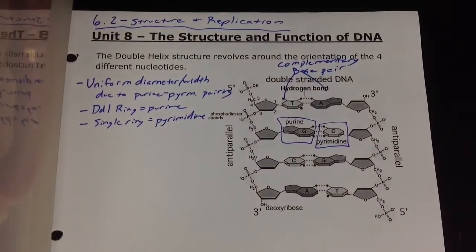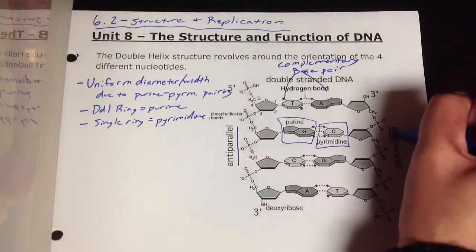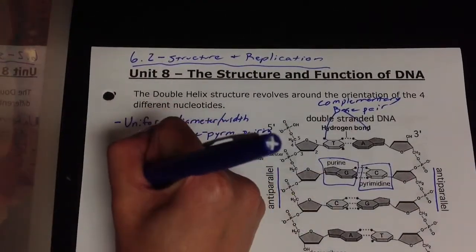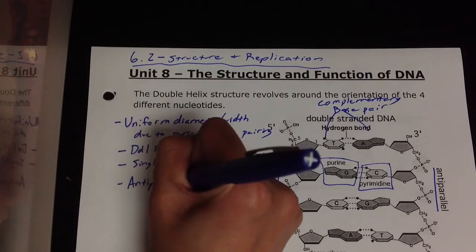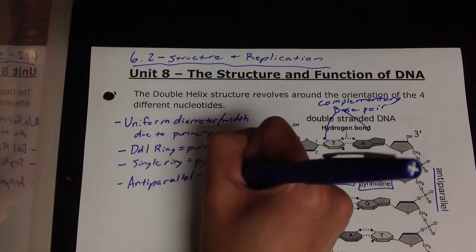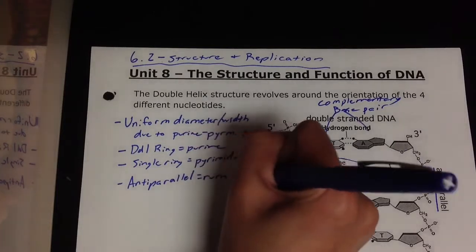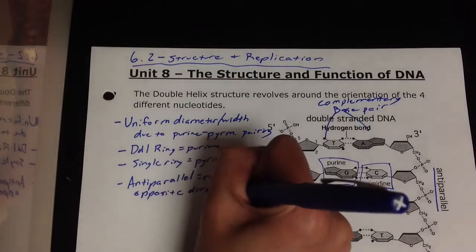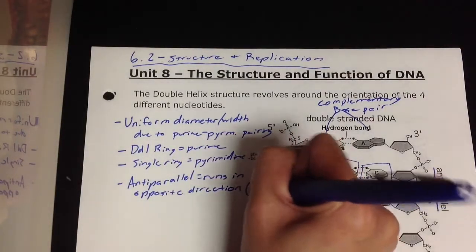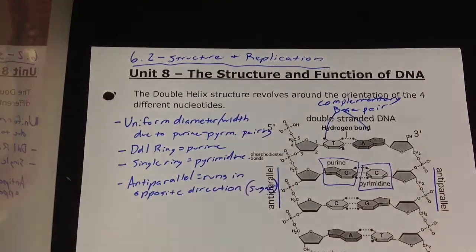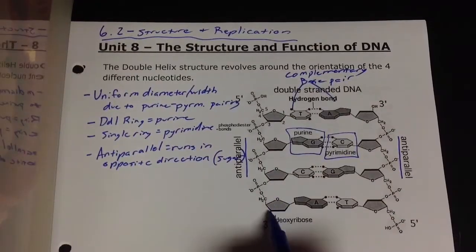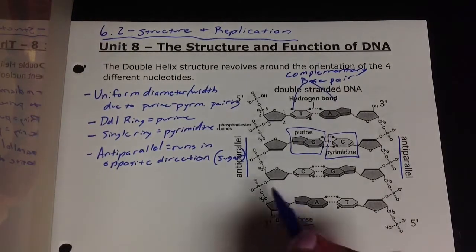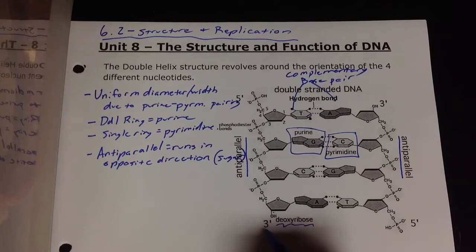Another thing you might notice here are the words anti-parallel going along the sides of the DNA molecule. Anti-parallel is talking about how it runs in opposite directions. And we're actually talking about the direction of the sugar, the deoxyribose. The way that this molecule is numbered is based on which carbon is facing in that direction.